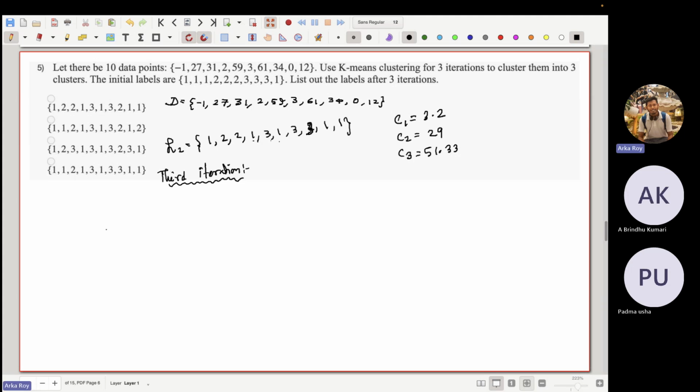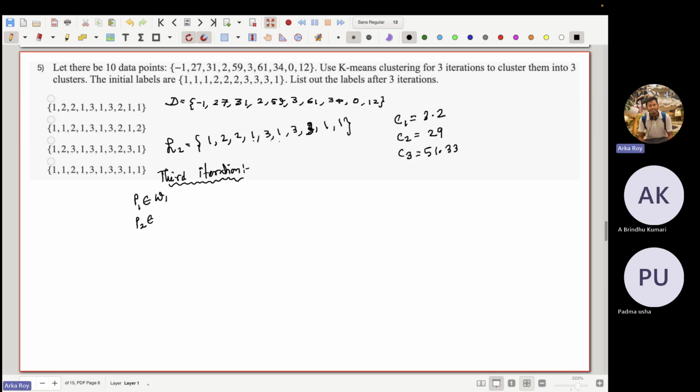So for the third iteration, if we start solving for P1, no doubt it will be omega 1.